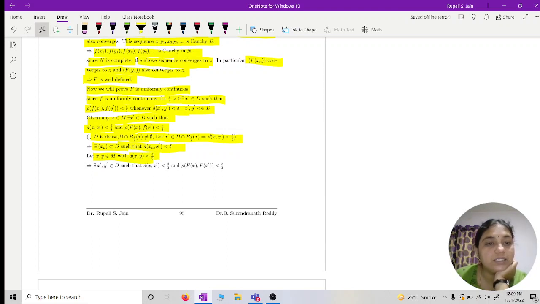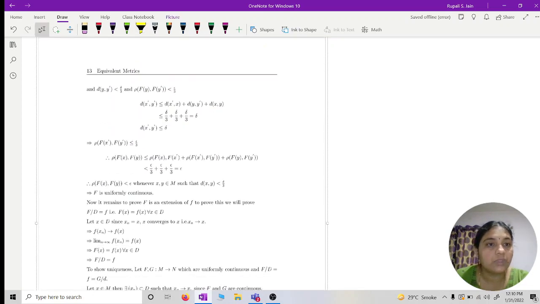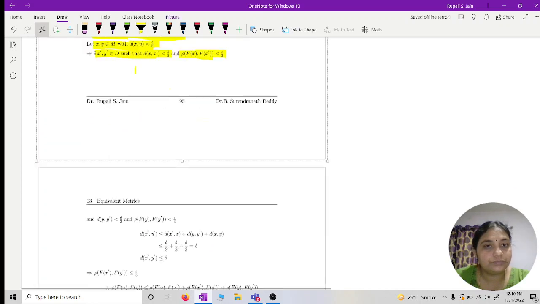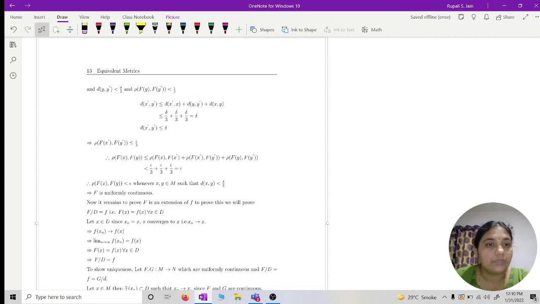So this implies there exist x', y' in D such that d(x, x') is less than delta by 3, which gives us rho of f(x), f(x') less than epsilon by 3. But d(y, y') is also less than delta by 3. So this again gives rho of f(y), f(y') also less than epsilon by 3.